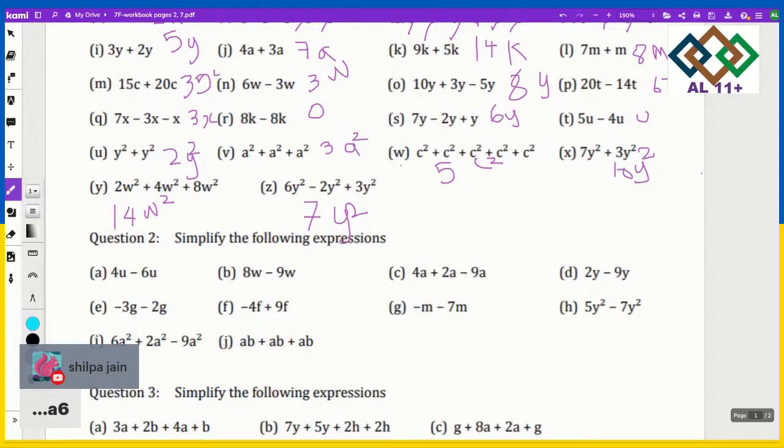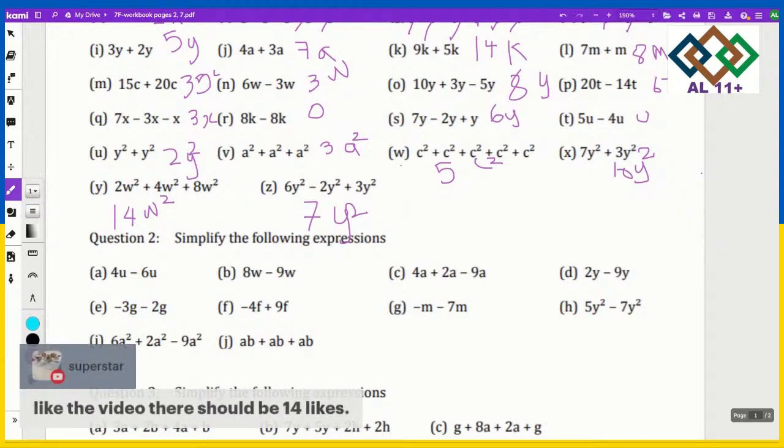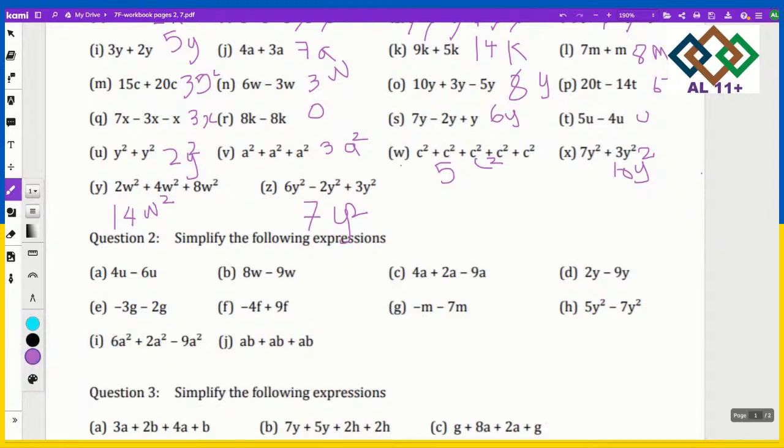So now we have the next section. In the next section, you have to do 4u minus 6u. So what do you think would be the next one now? And remember, in algebra, we take the sign of the bigger one.